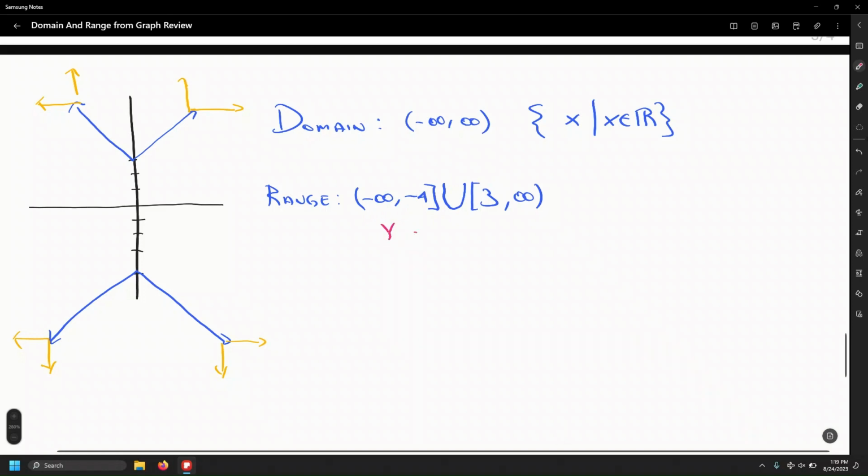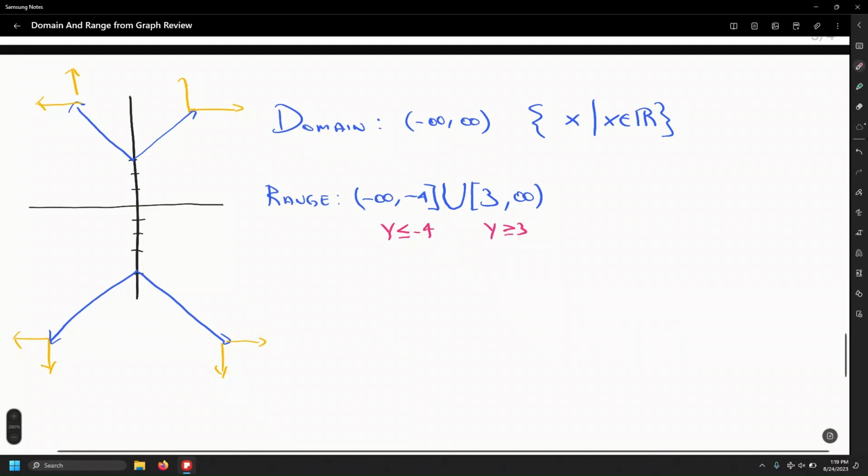However, the fact that it's going away to negative infinity means y less than or equal to negative 4. That's what this interval notation means. 3 to infinity means 3, 4, 5, 6, 7, 8. That is all the numbers that are greater than or equal to 3. So in this case, y greater than or equal to 3.